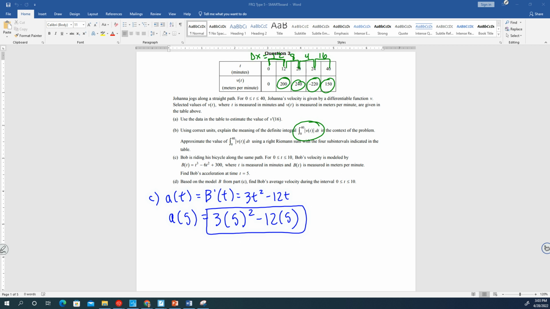What would my units be here? Just to be safe, let's put some units. Well, velocity is meters per minute, so the units are meters per minute squared. That number ends up being 15 when you simplify it, but you do not have to. 2 points for that one. 1 for using the derivative b prime of t, and then 1 point for getting the right answer.